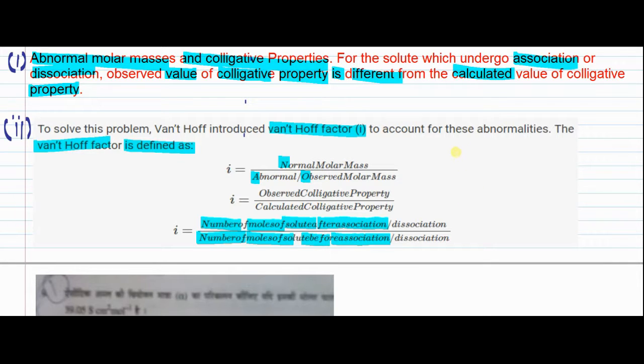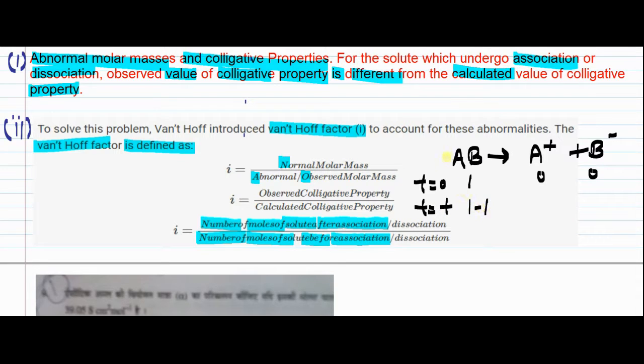AB gives A plus plus B minus. When t is equal to 0, the moles of AB is 1, 0, 0. After t time, 1 mole dissociates, resulting in 1 mole of A plus ion and 1 mole of B minus ion.